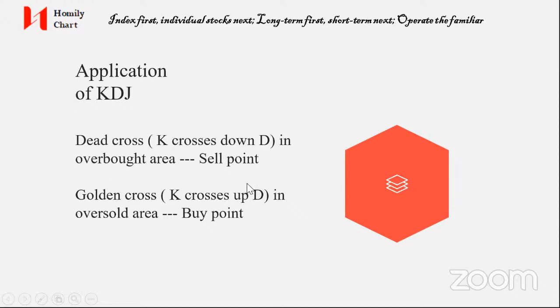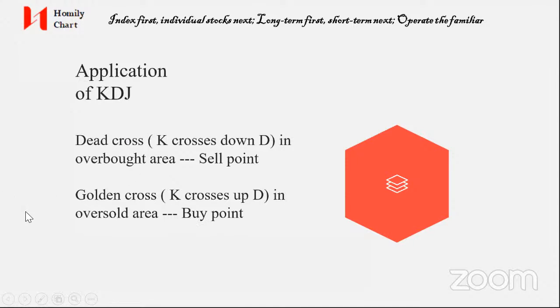And then golden cross means K crosses up D. And if it happens in the oversold area, you buy, the success rate also can be higher.